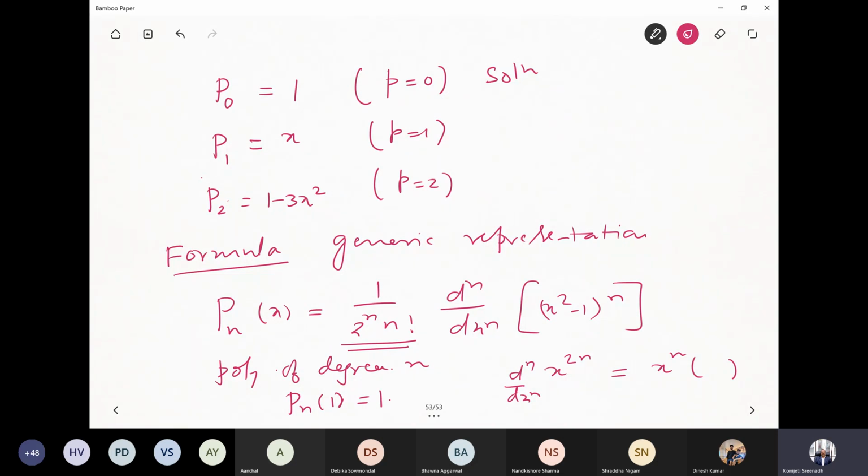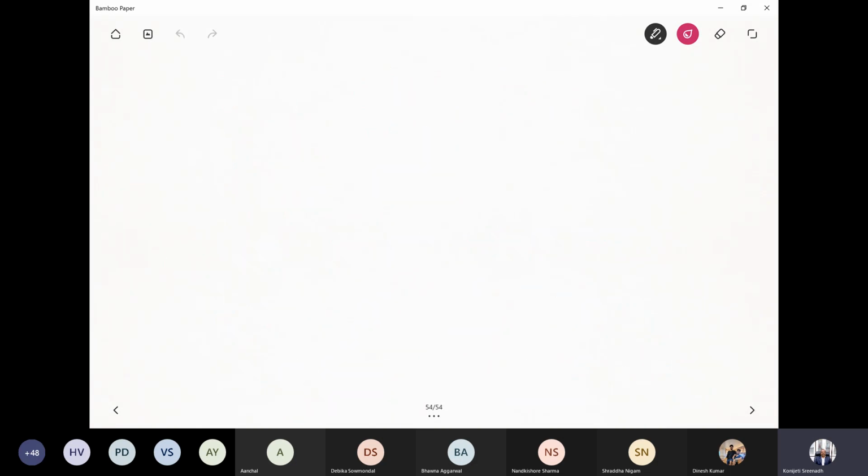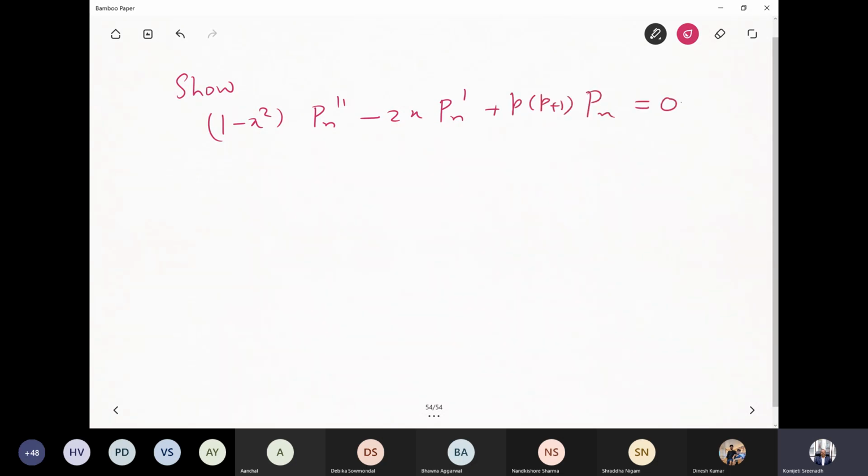And we may ask the question, why are these Pn's in this form? What is the proof that these are the polynomials which we get from the series? For that, you can show that 1 minus x squared into Pn double prime minus 2x into Pn prime plus p into p plus 1 into Pn is going to be 0.